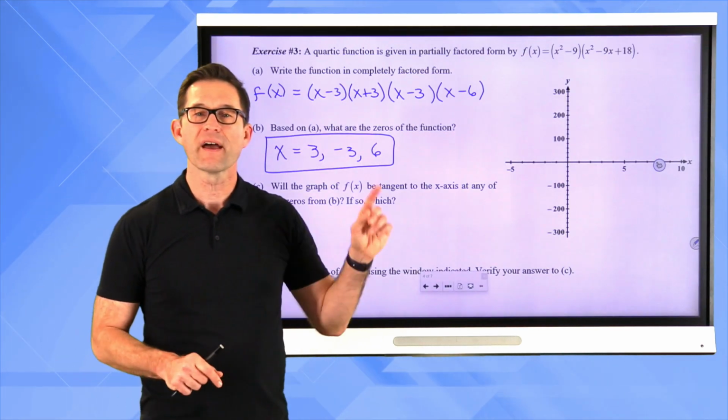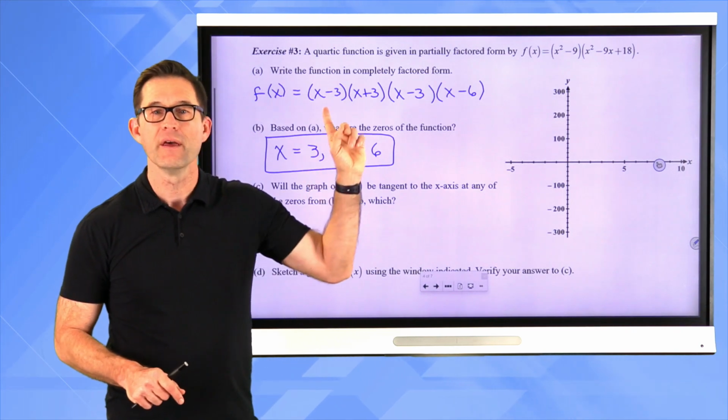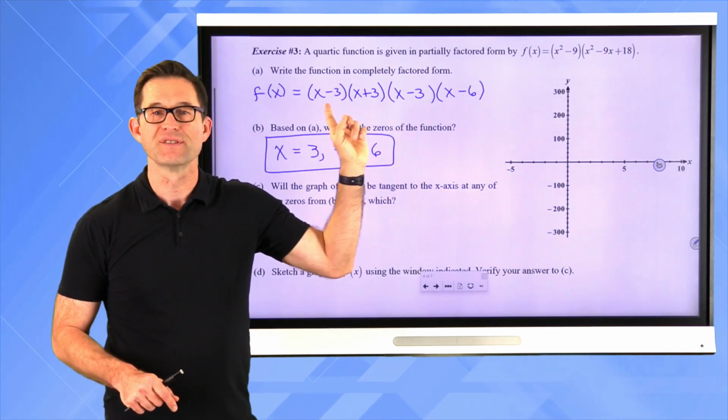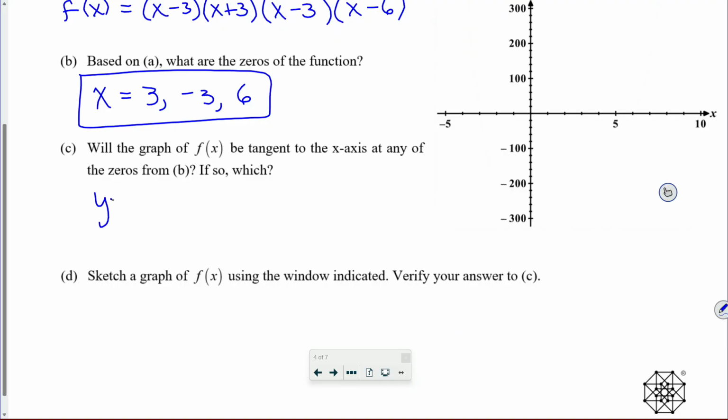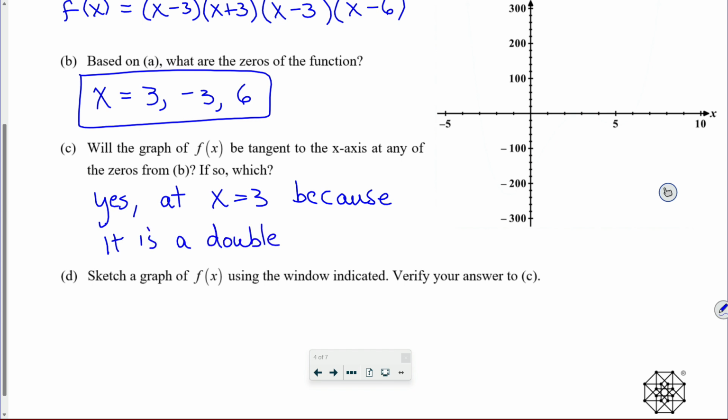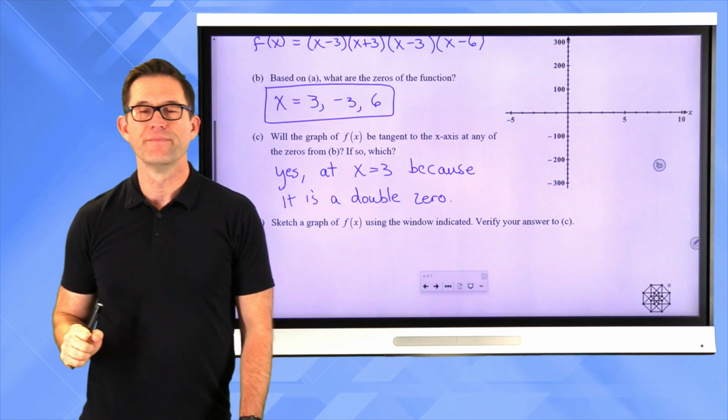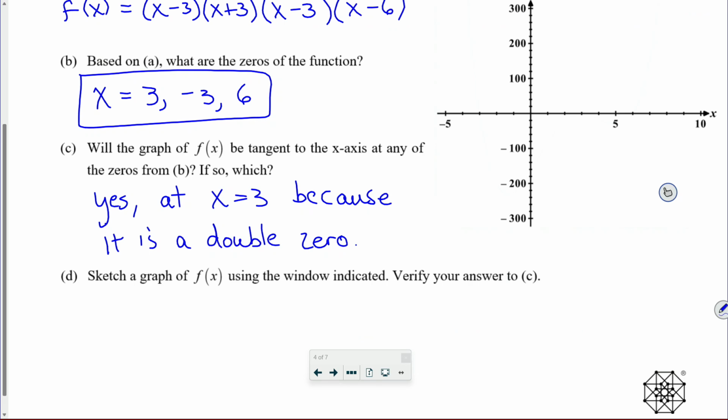It'll be tangent to the x-axis at x equals 3 because that is a double zero. Awesome.